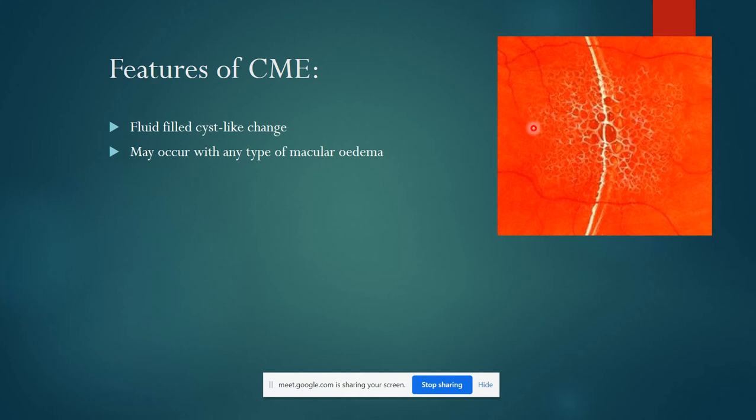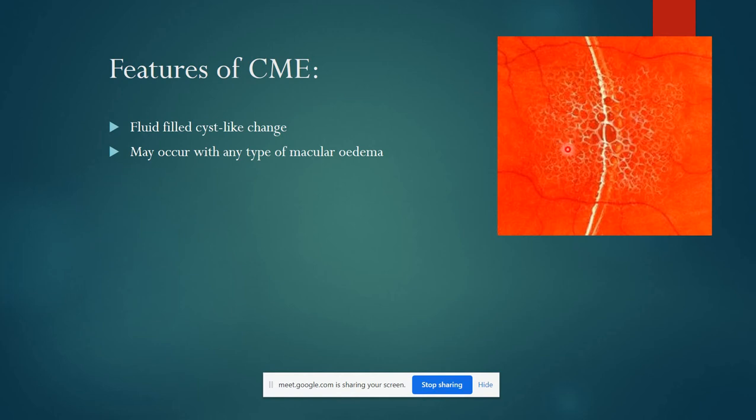So coming to the features, as we said, it is a cystic cavity. This is how we will be able to see it when you put a slit light onto the retina. There is a cystic bulging, like pebble stones. That's how it actually occurs.